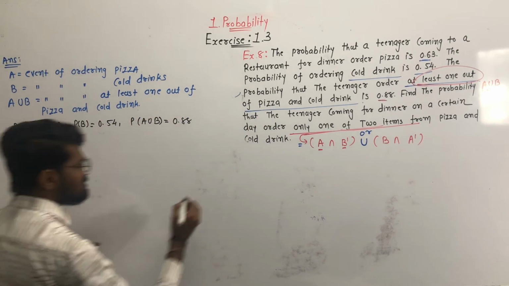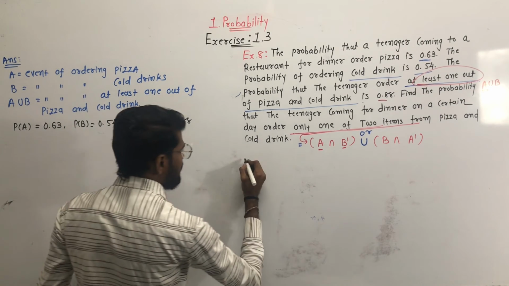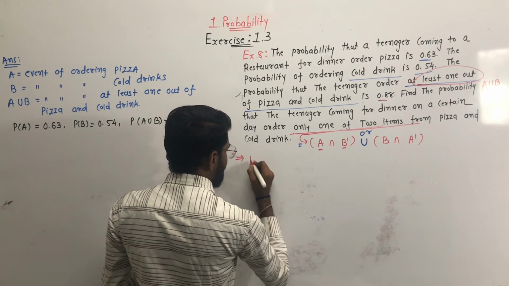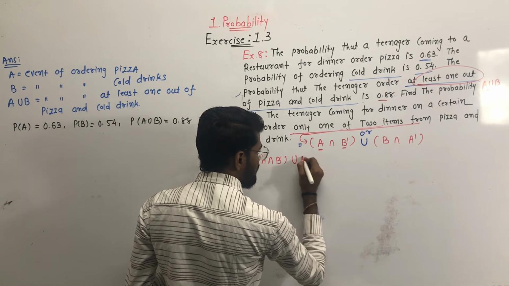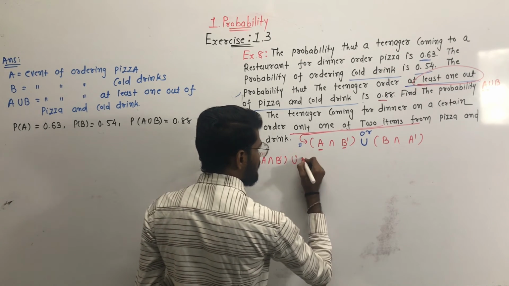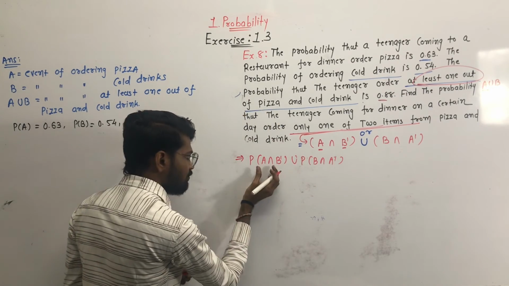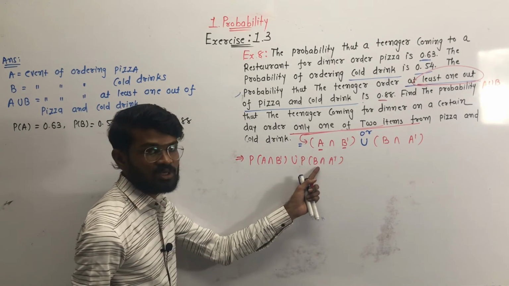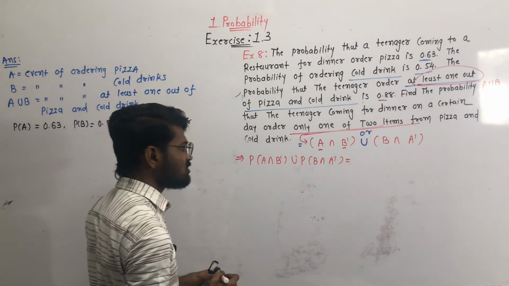Our task is to find P of A intersection B dash union P of B intersection A dash. How can we calculate it, what is the formula for it?